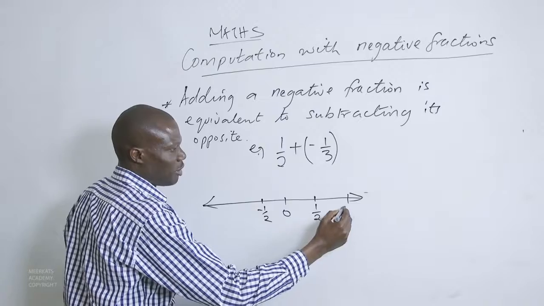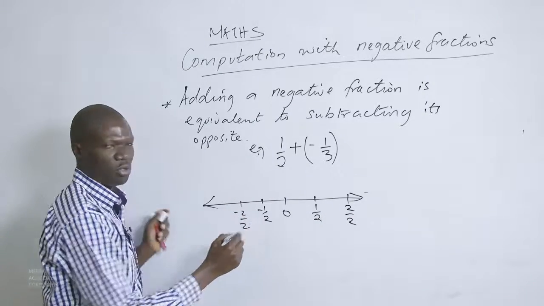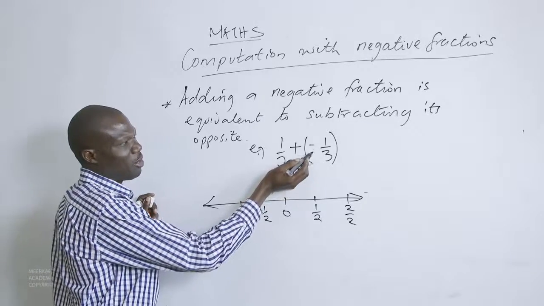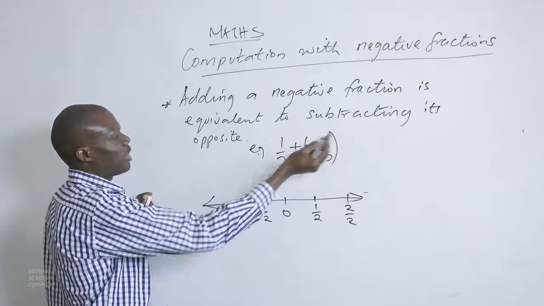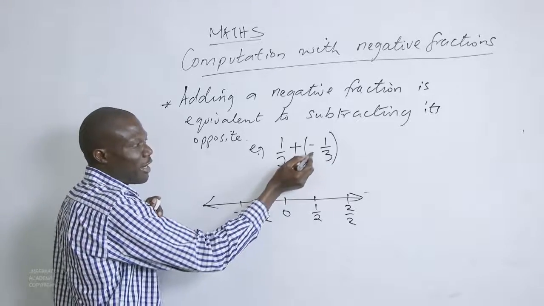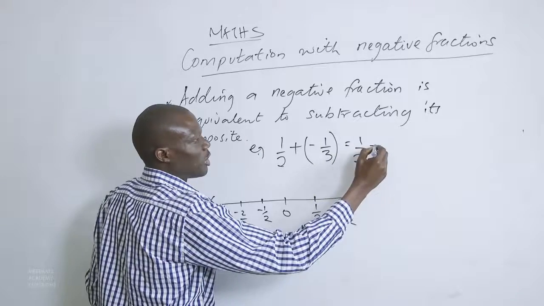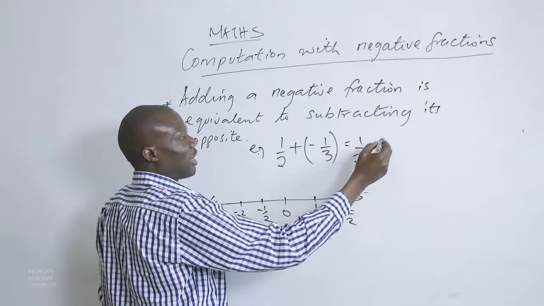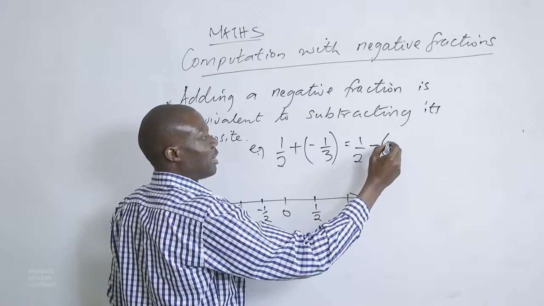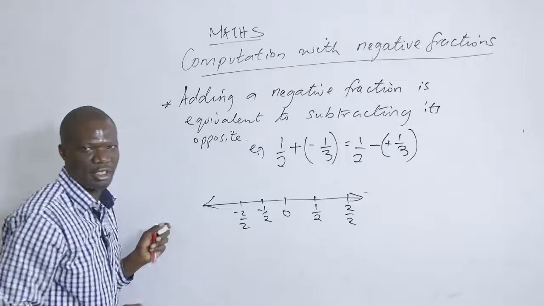If we have 2 over 2, its opposite is here minus 2 over 2, and so on. So when they are trying to tell us here that it's like subtracting its opposite, we can rewrite what we have here as simply 1 over 2 subtract its opposite, and its opposite here is plus 1 over 3. That's what they are trying to tell us here.